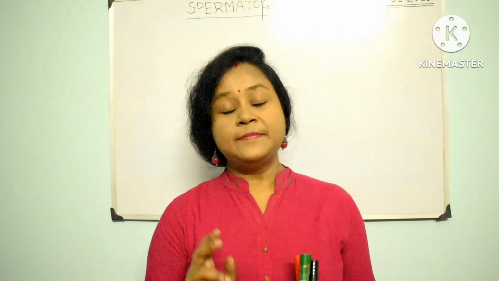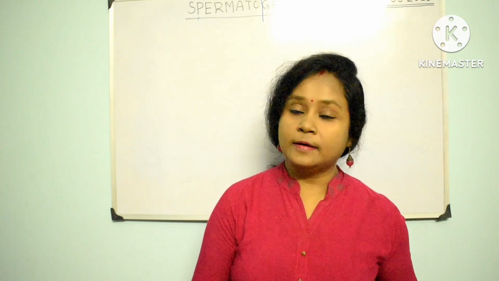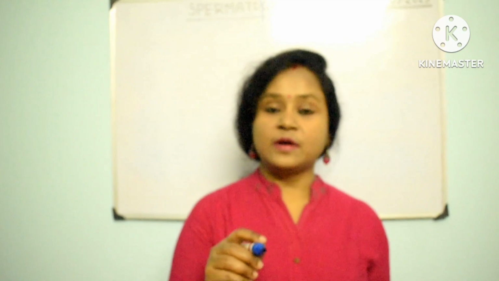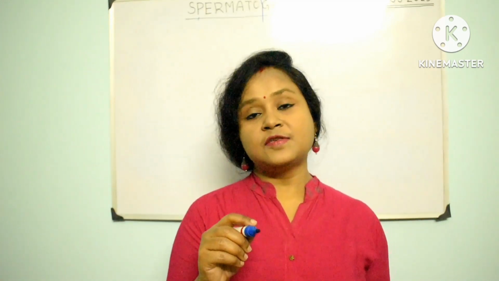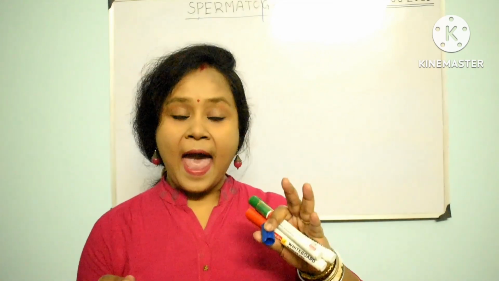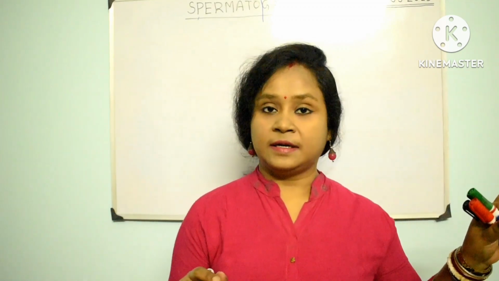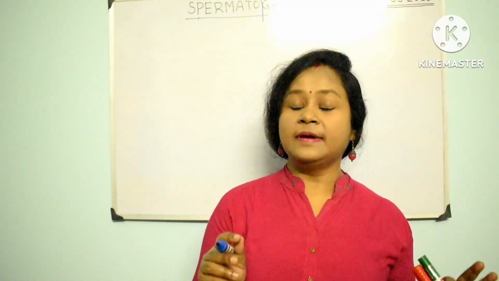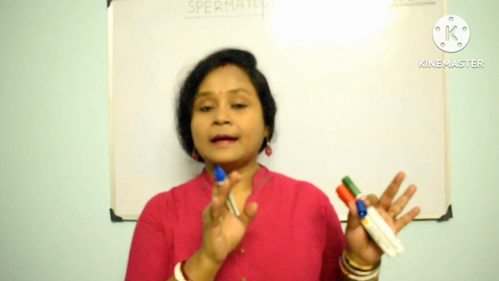In my second lecture about gametogenesis, I already mentioned the primordial germ cell. At the time of embryo formation, the primordial germ cell originates in a place other than the gonad, and the male and female gonads are not yet differentiated at that time.